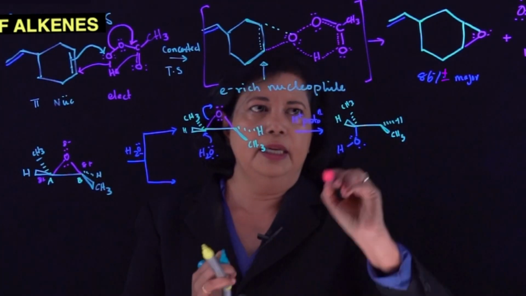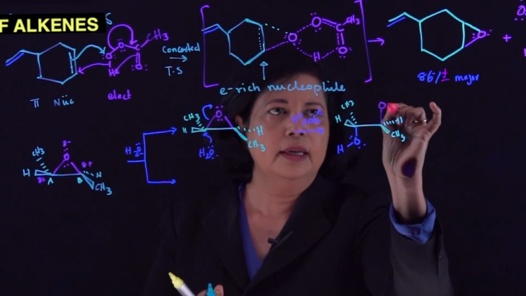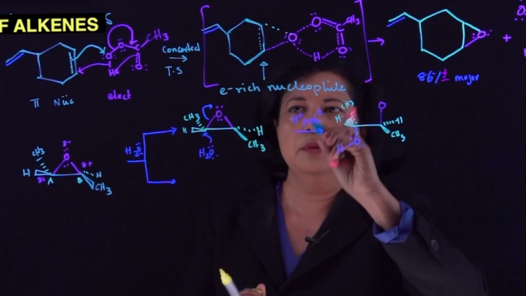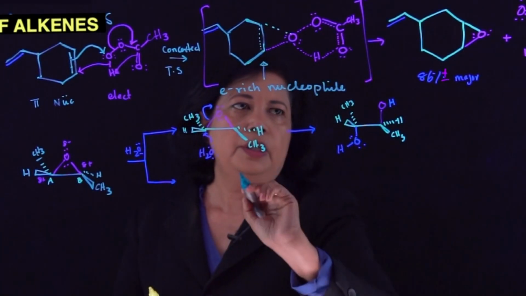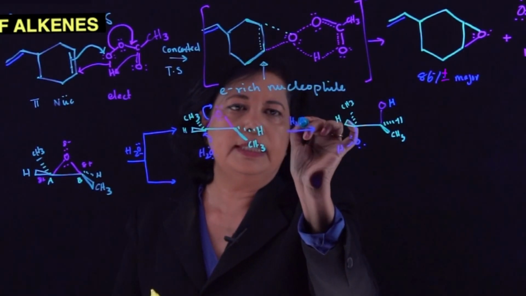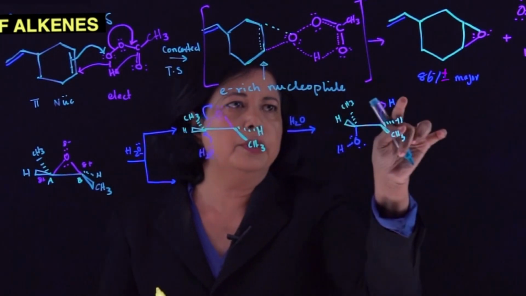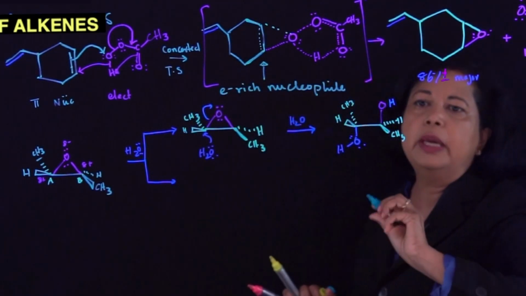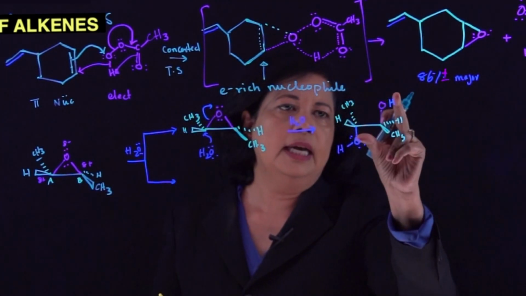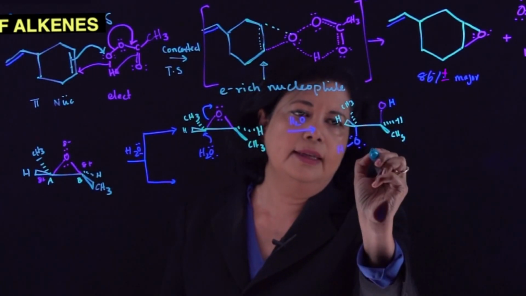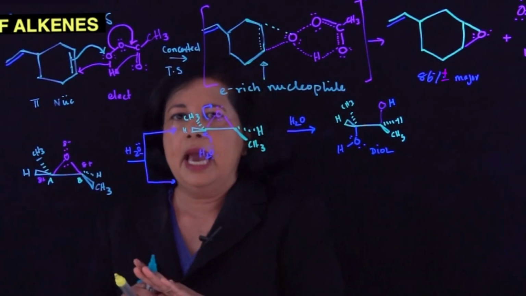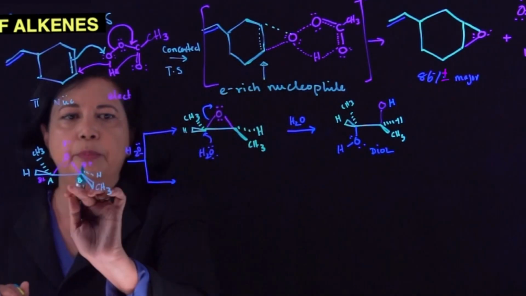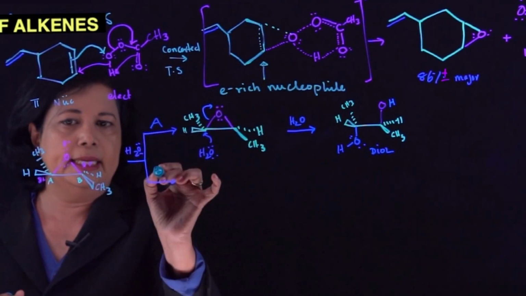And you will have an OH on this side. That again also gets protonated by water. So here your water is going to deprotonate this and protonate this, and it will give you a diol. Now these diols are on opposite sides. Let's look at what happens when you attack at B. So this is at A and this is at B.